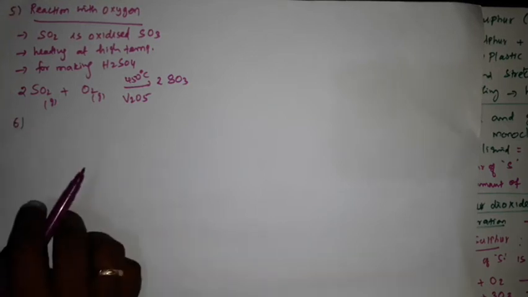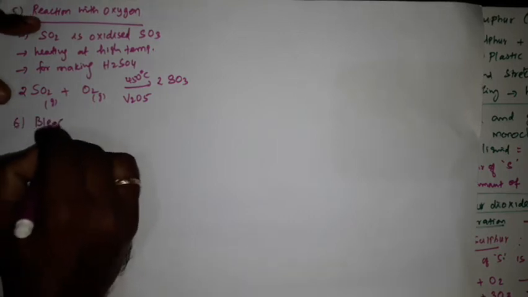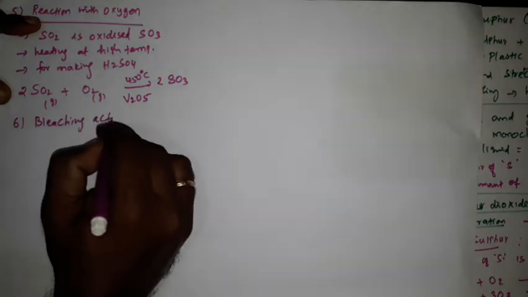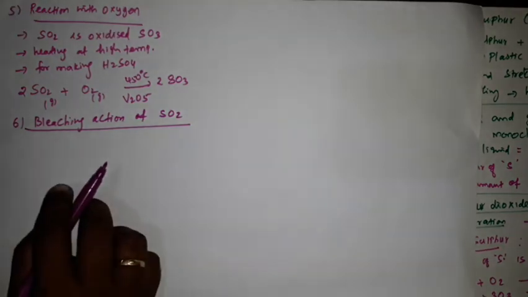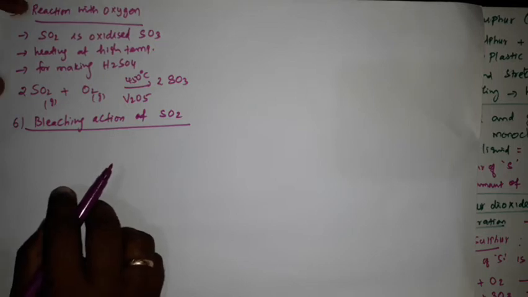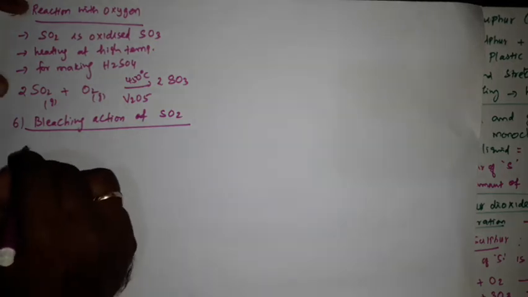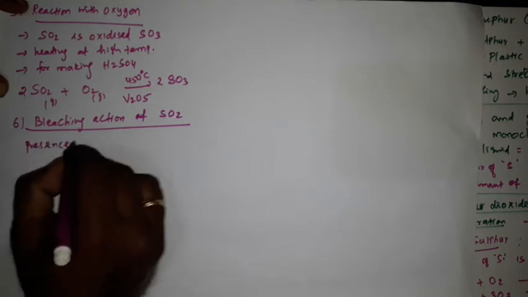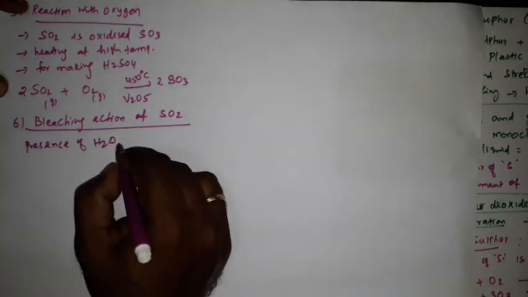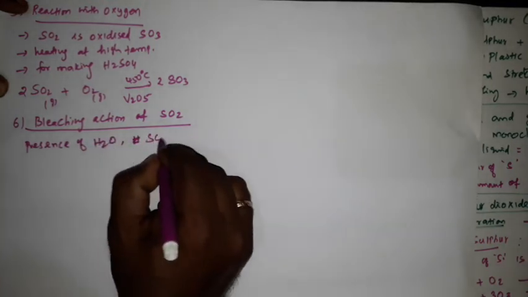Now sixth one is bleaching action of sulfur dioxide. So in the presence of water, sulfur dioxide bleaches colored wool, silk, sponges and straw into colorless due to the reducing property. So in the presence of water, it acts as the bleaching agent.